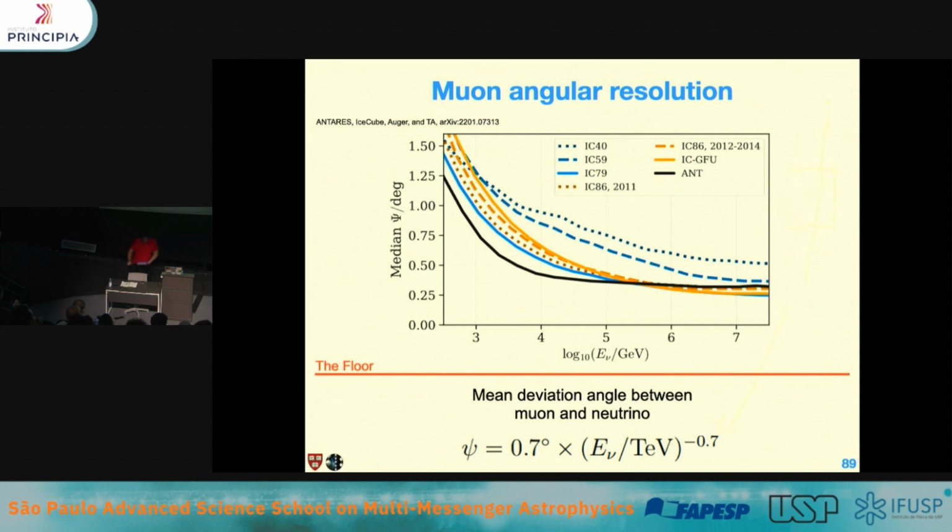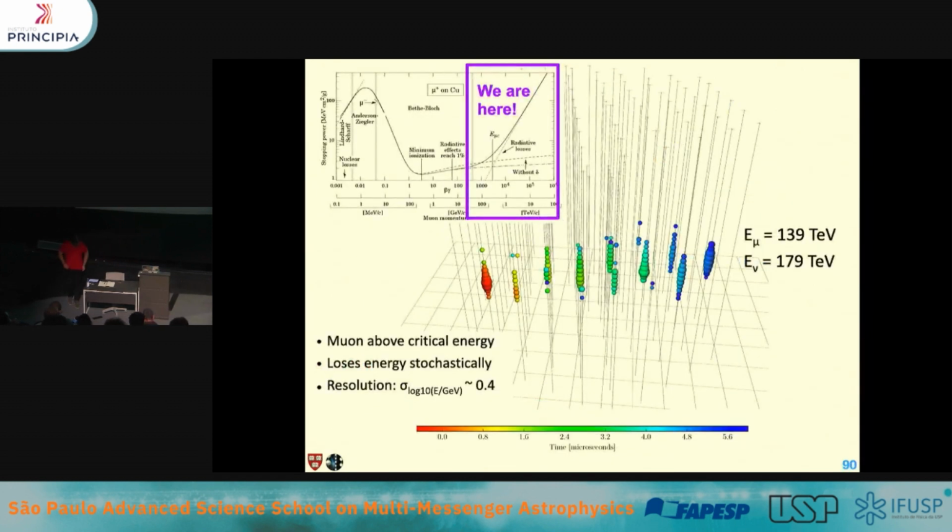So now let's talk about the energy reconstruction. The energy reconstruction is given by the energy losses. So this is again one of the event displays. It shows you the energy loss as a function of time. And what's important is that we live in this regime where the energy loss is proportional to the muon energy.